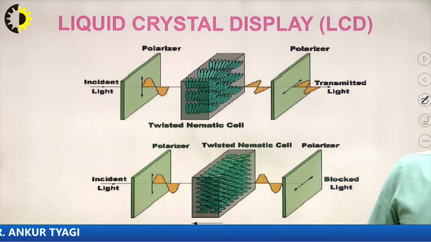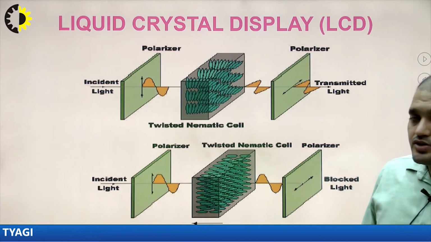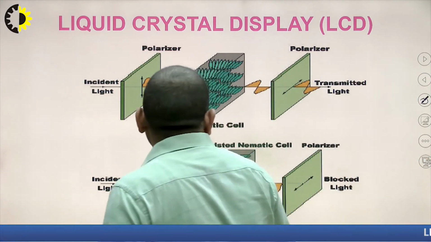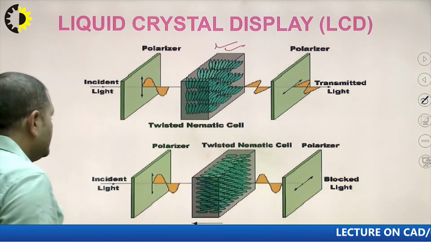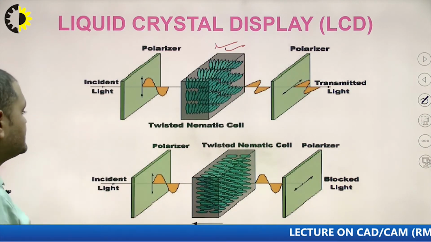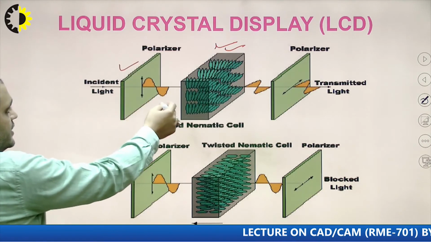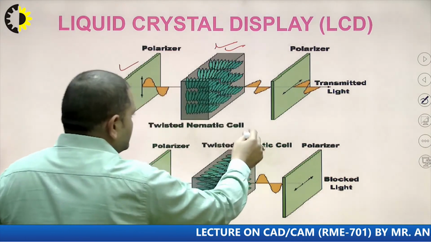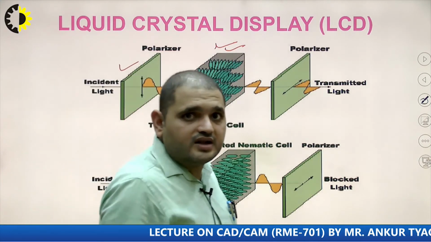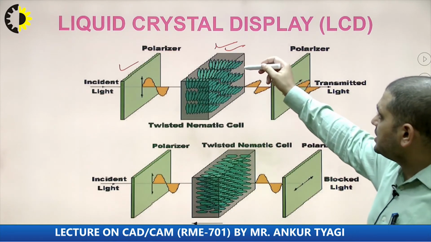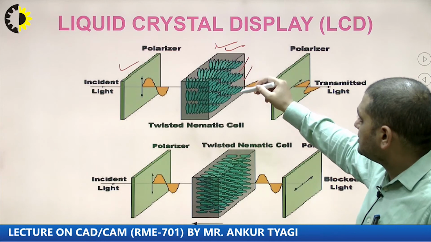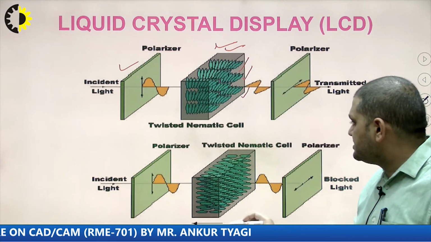So how does it work? We have a twisted nematic cell. We can see this is a twisted nematic cell. Incident light is passed through a polarizer here, and it goes to the twisted nematic cell. When an electric field is generated, you can see these cells are not aligned here, but when the electric field is generated, these cells are aligned.